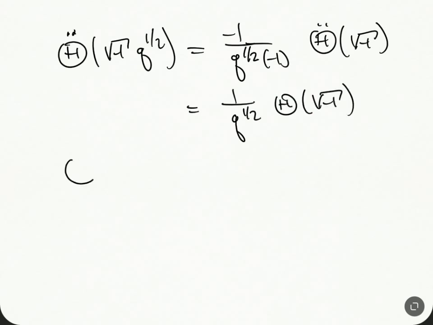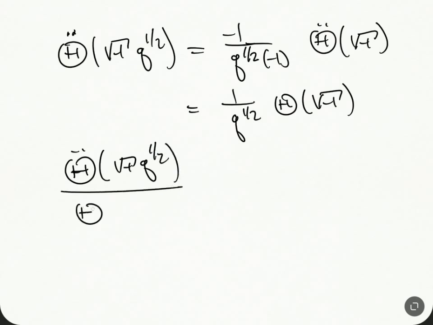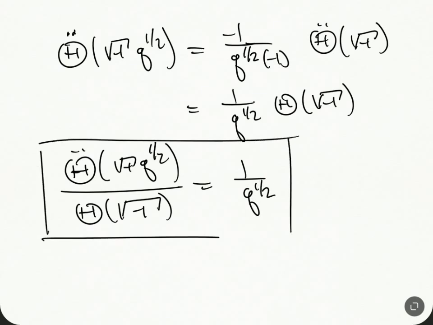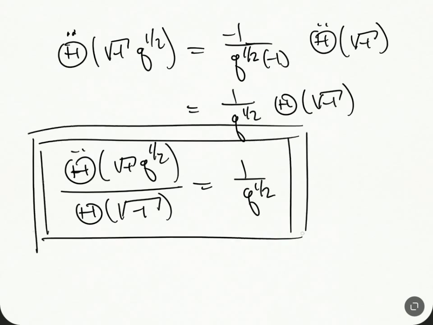And this tells us that theta dot dot of the square root of minus 1 times q to the 1/2 is going to be equal to, or divided by, this thing here. So this is 1 over q to the minus 1, like this. So we have this formula here.